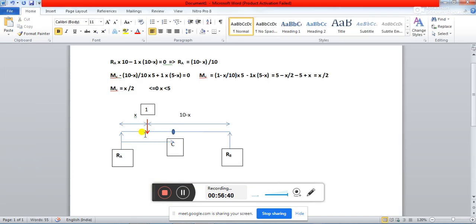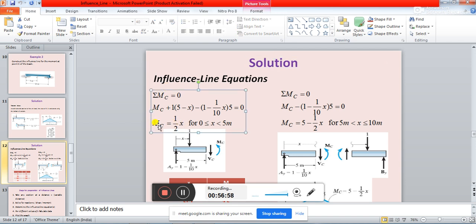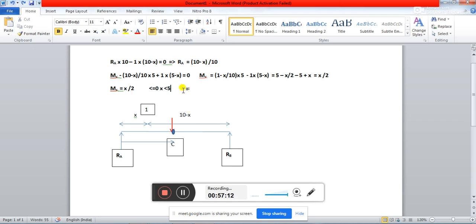That means just when it is entering 5, up to that point only this equation will be valid. So this MC equal to half x is valid for x from 0 up to less than 5 meter. Beyond this, you will have to find out another equation of MC.